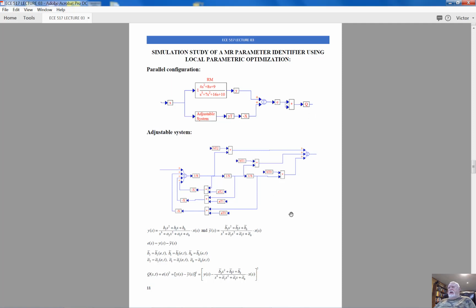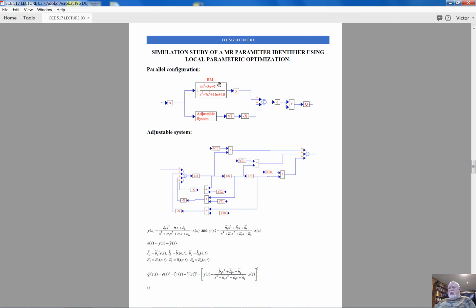What about the reference model? For the reference model, I use a very straightforward transfer function. It's a stable, third order system. For the adjustable system, the capabilities of my software are limited, so I have to create a simulator for this adjustable system where parameters could be tuned, could be adjusted.